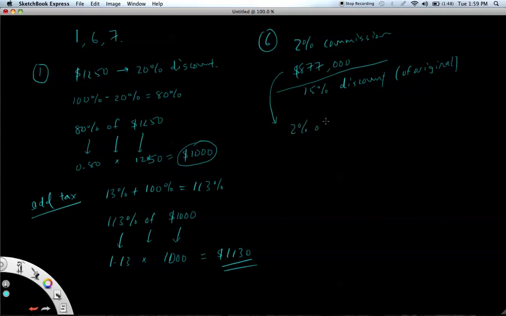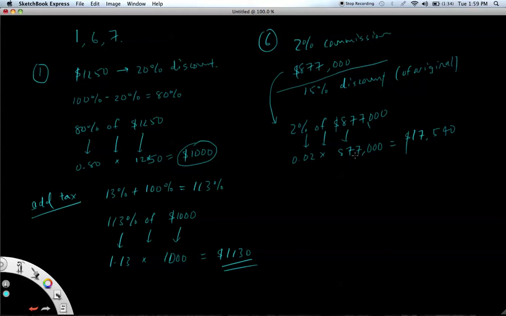Finding 2% of 877,000. So again in math, it's 0.02 times 877,000. Do that in your calculator, you get $17,540. Pretty good payday for the real estate agent.